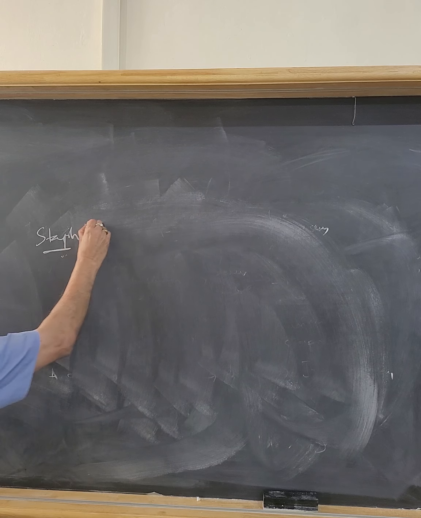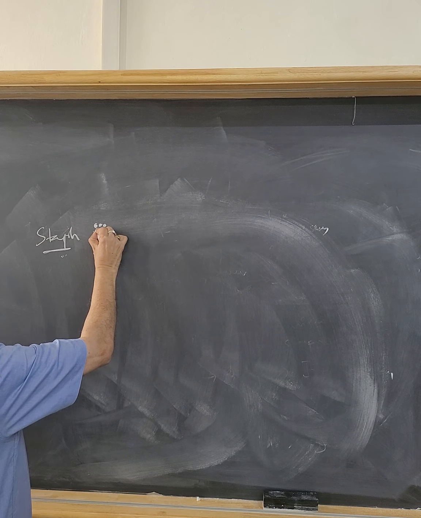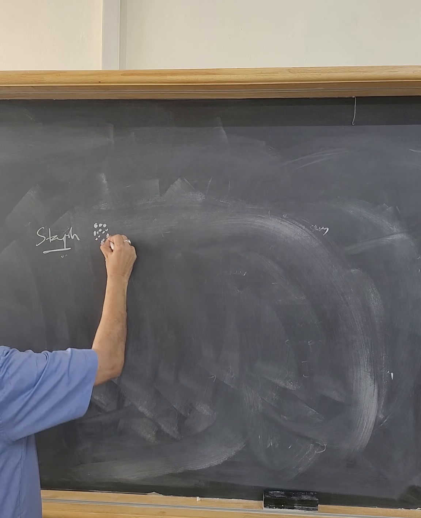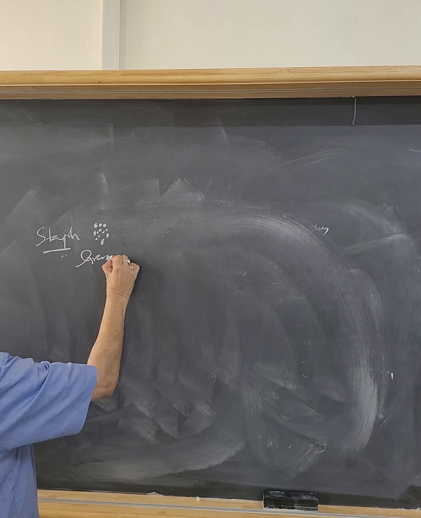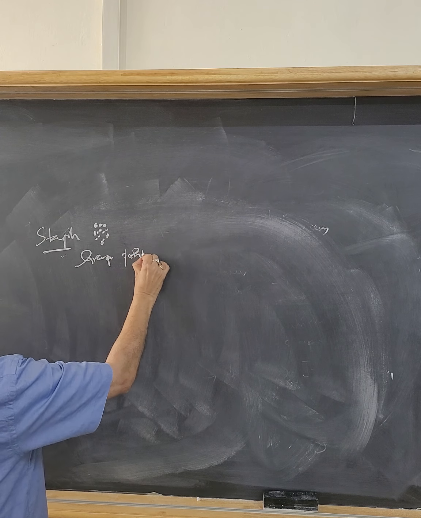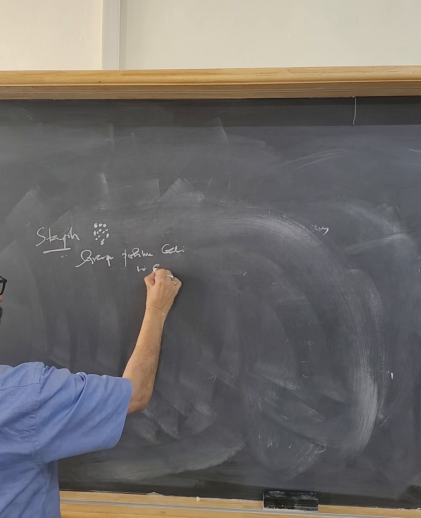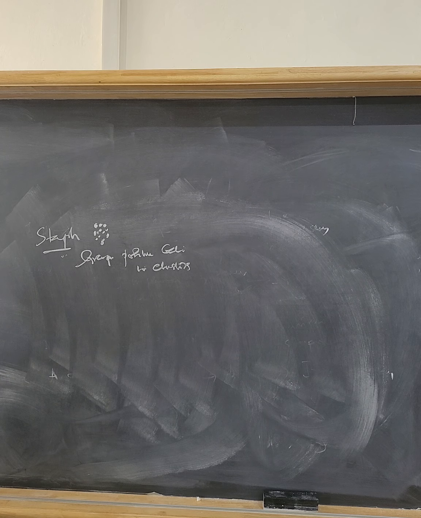It looks like grapes. Gram positive cocci in clusters.